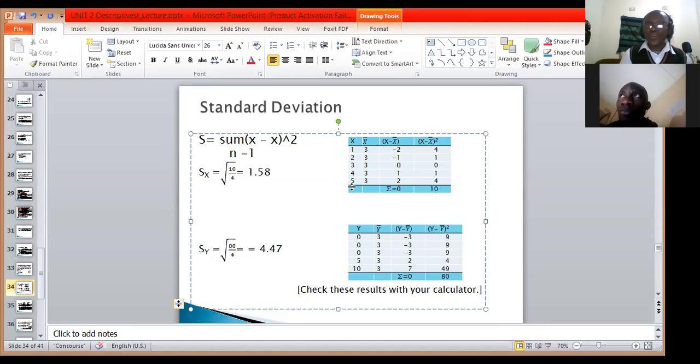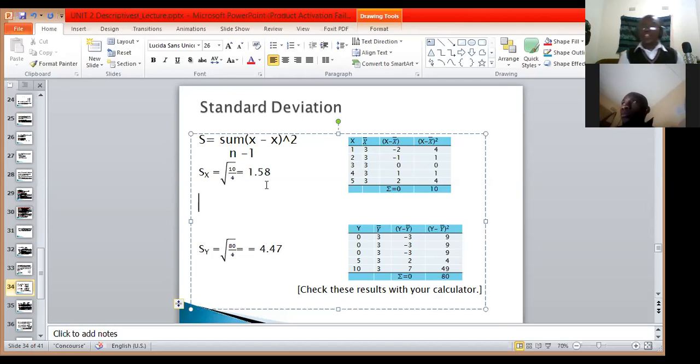So the summation gave us 10. Then what are we dividing with? We have 5 samples here, so n minus 1 leaves us with 4. So our standard deviation is 10 divided by 4 under the root.